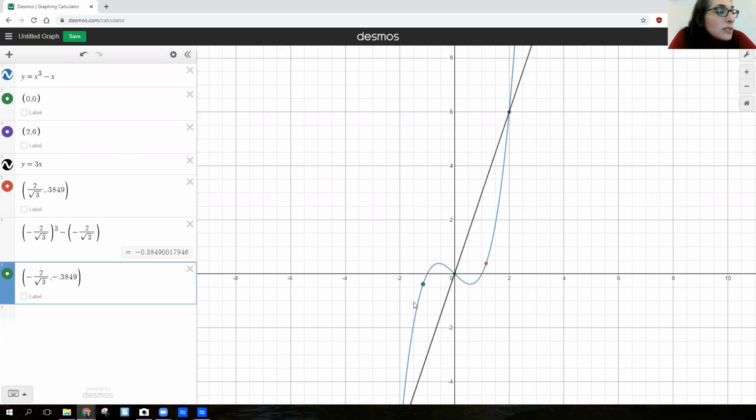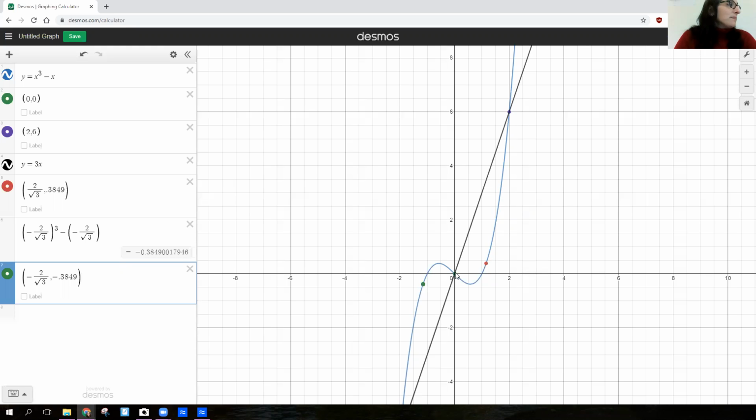Little tiny tangent line. It's gonna have a positive slope that's fairly steep. It's actually gonna have a slope of 3. And then right here, if you can picture another tangent line, that is also gonna have a slope that's fairly steep. It's actually gonna have a slope of 3 also. So these would be the two spots on the curve that would create tangent lines that would be parallel to this.